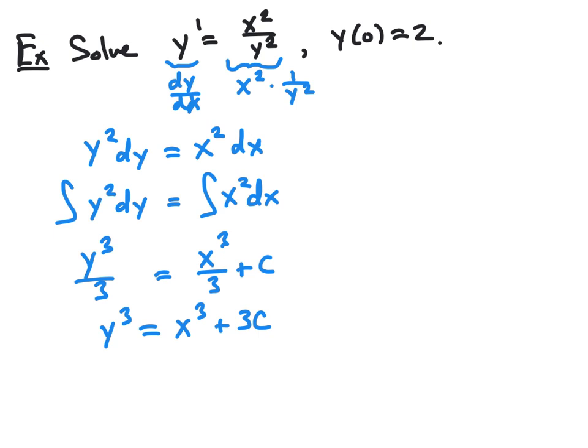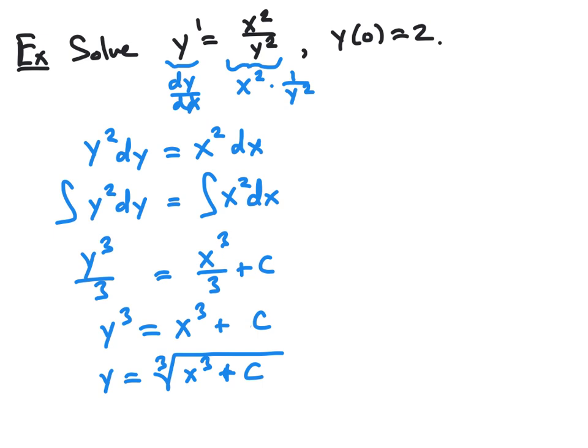And so here we can just absorb that 3 into our constant to make the equation as simple as possible. So we have y cubed equals x cubed plus c. To find y then, we just take the cube root of both sides. And so y equals the cube root of x cubed plus our arbitrary constant c will be our general solution to our differential equation.